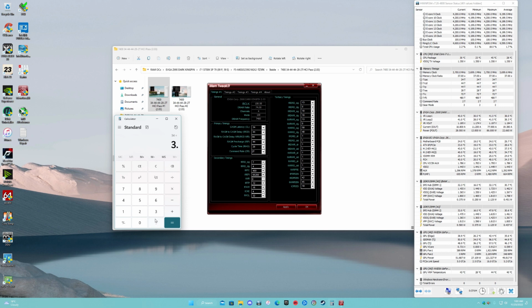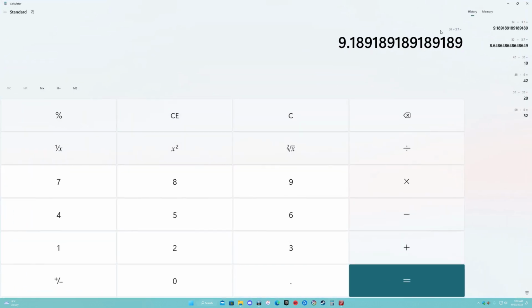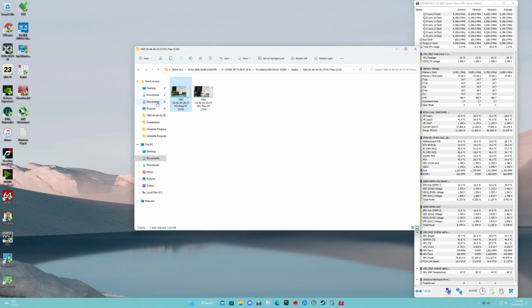Right now I'm at 9.18, which is still very fast. For perspective, 32 divided by 3.6 is 8.8, 8.9 more or less. So 7200 C32 is technically still faster in terms of overall access latency, but I'll show you some comparisons.